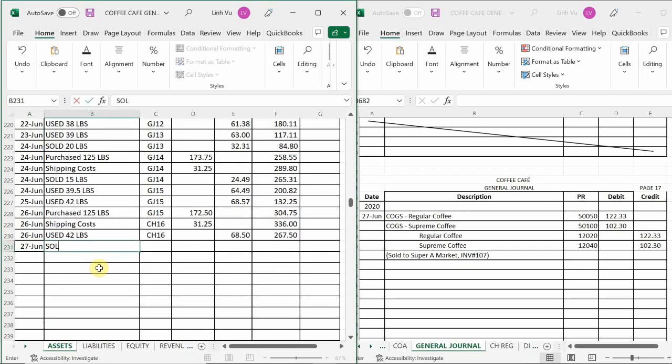So we sold 75 pounds on page 17. It's 122.33. I have $145.17 in balance.